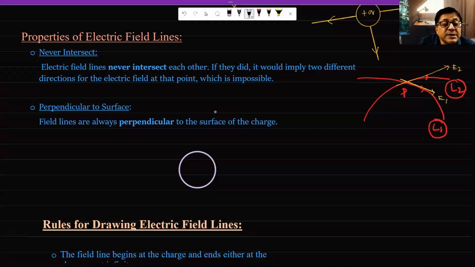Field lines either will meet the surface or emanate out of the surface perpendicular to it. It has to go in the perpendicular direction. Has to be like this.